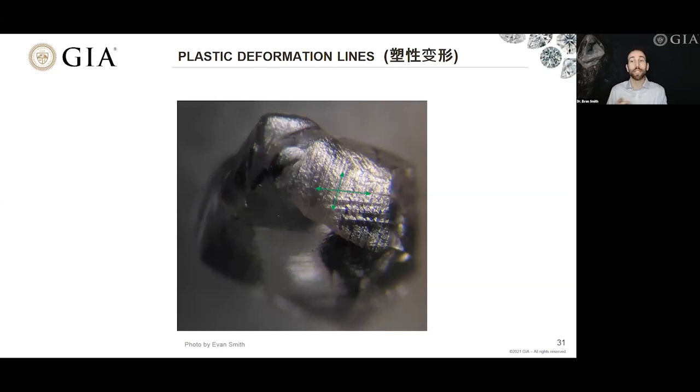Trigons and deformation lines are features that appear when hot fluids etch away the diamond. And the shape of these features is controlled by the diamond itself.